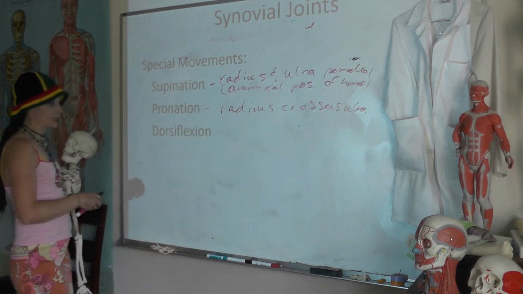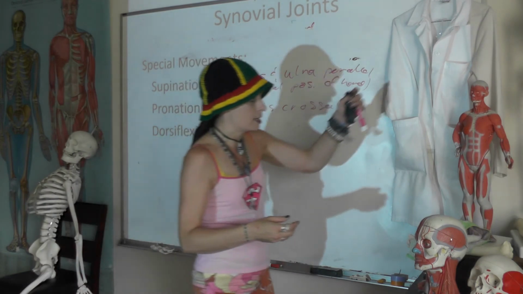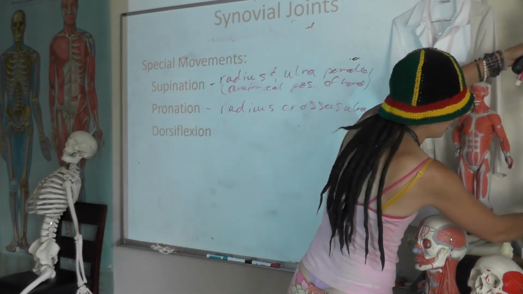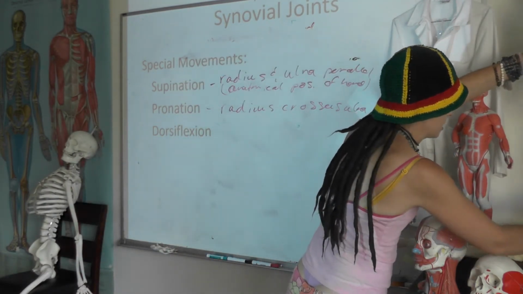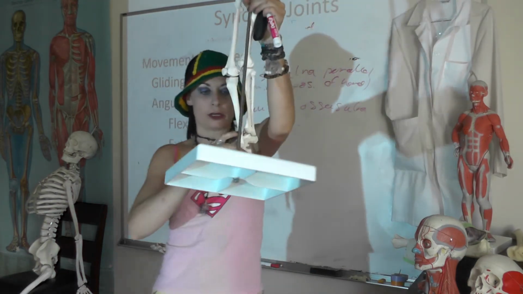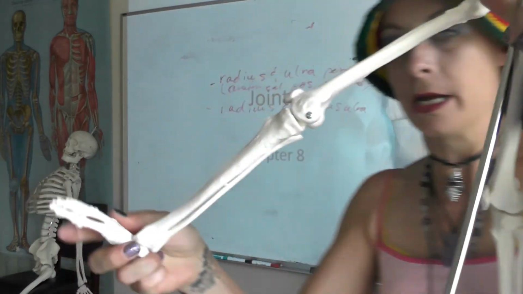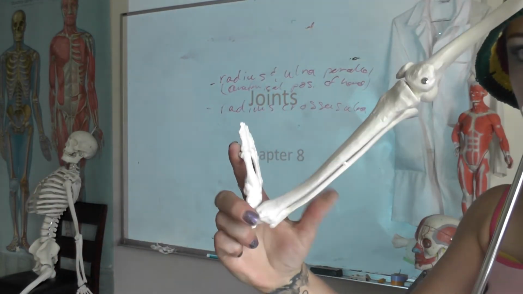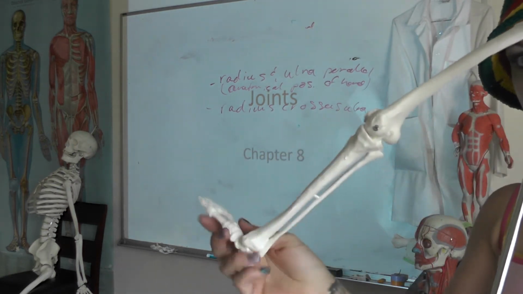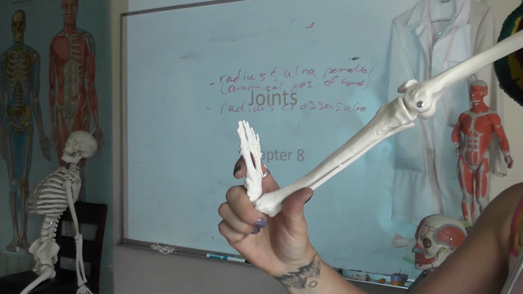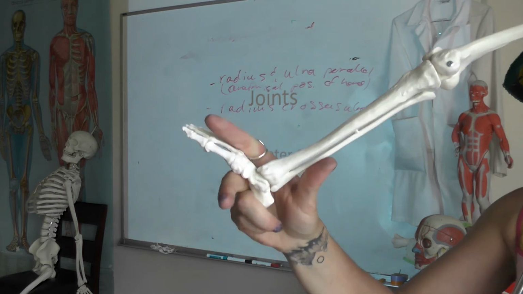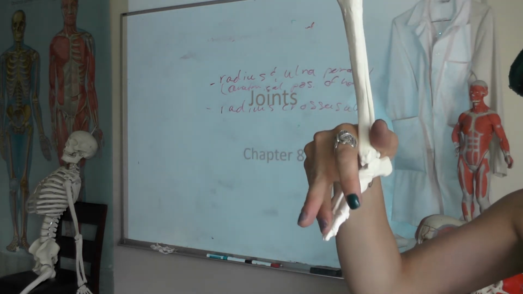Dorsiflexion is a special movement of the foot, and it's when we pull the dorsal surface of the foot superiorly. You can say, why isn't this just flexion? I don't know, I don't make the rules, because this is plantar flexion, when you point your toes.